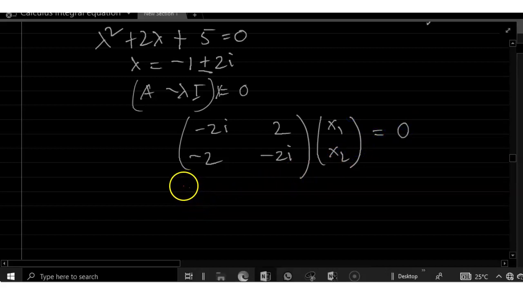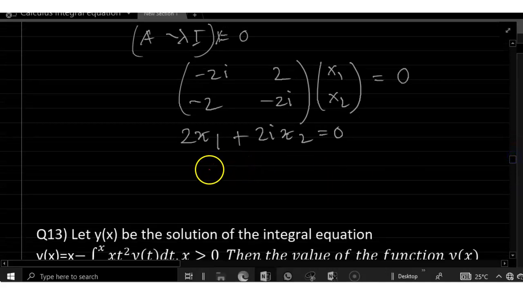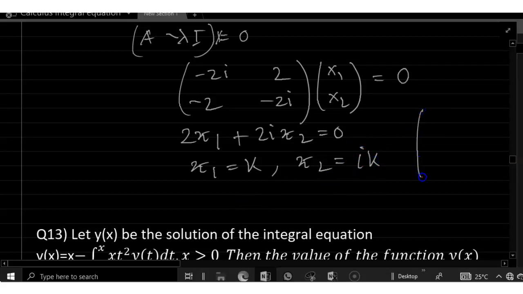So I get the value minus 2i x1 plus 2 x2 equals 0. So x1 equals k and x2 equals ik. So my eigenvector is k into (1, i). This is my k value.